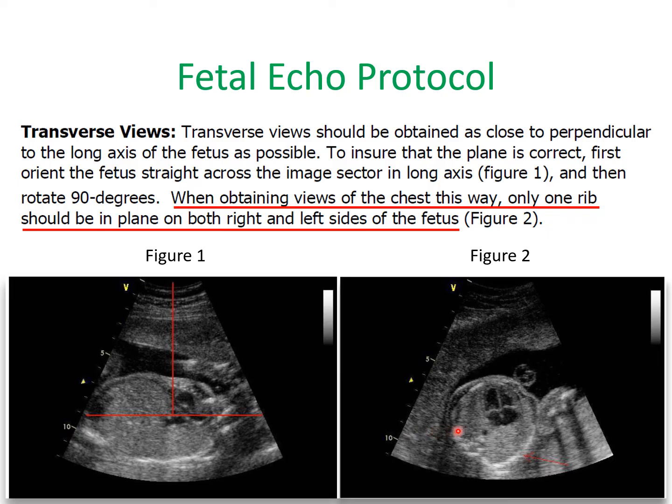In our case at Children's Healthcare Atlanta, we rotate counterclockwise 90 degrees, and this will allow us to obtain the fetal thorax in a proper standard format. In this case, we're seeing one rib on either side of the fetal thorax, and in this case we can see that the four-chamber view is shown well from the base to the apex all the way through, and we can see a really nice four-chamber view of the fetal heart.